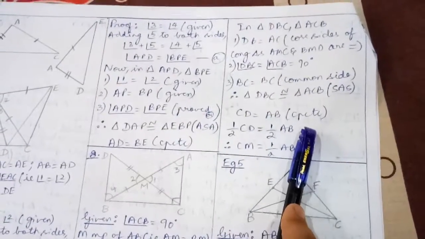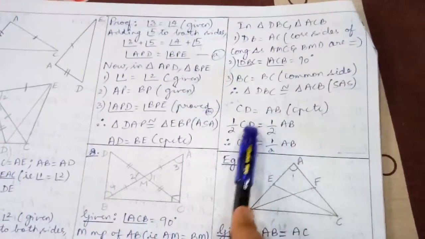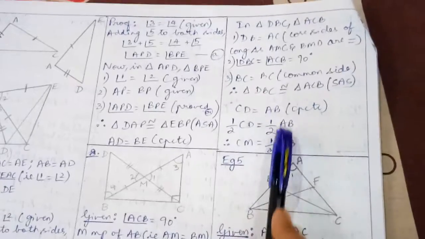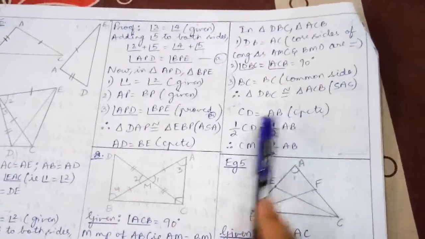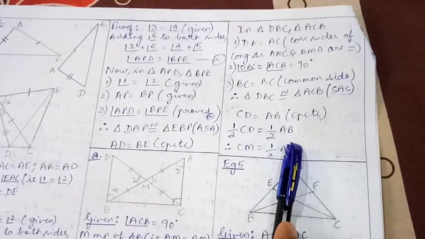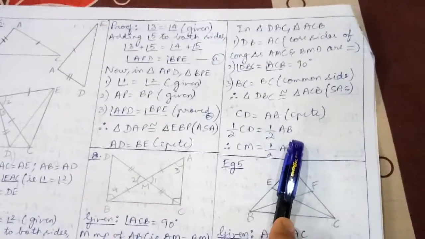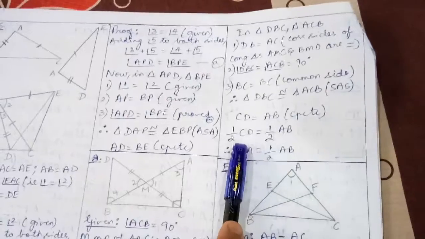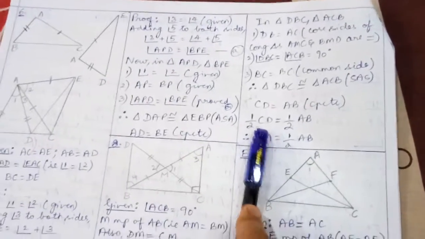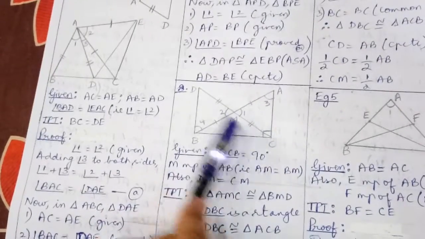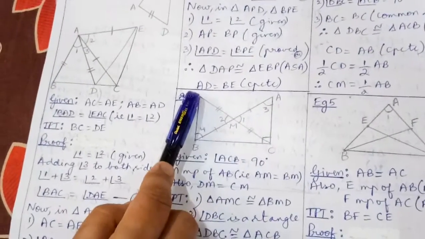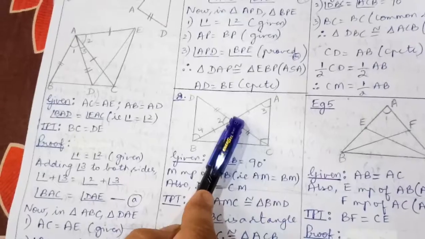Divide by 2 on both the sides, or take halves. So half of CD will be equal to half of AB. When two things are equal, their halves are also equal. Now what is half of CD? Where is CD? Out here. We know that CM equals DM is given to us in the question.